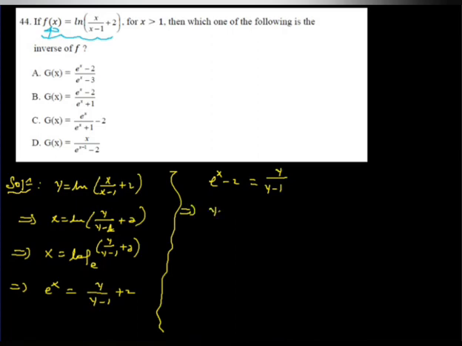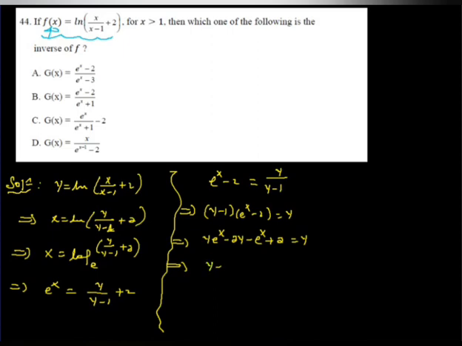So y minus 1 times e to the power of x minus 2 is equal to y. This means y times e to the power of x minus 2y minus e to the power of x plus 2 is equal to y. So collect all the y's together.